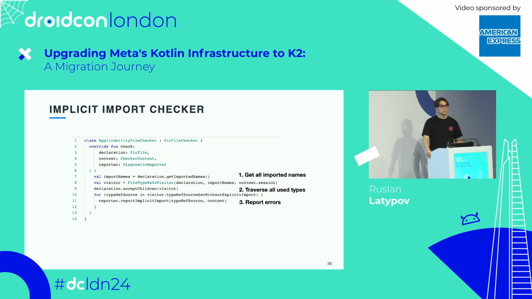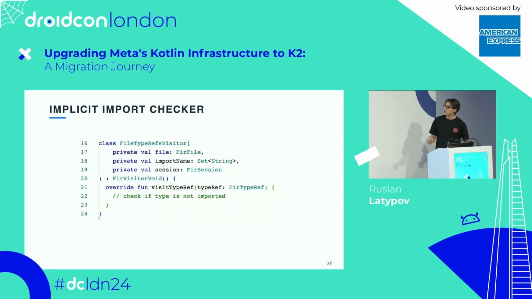So the most suitable extension point for this was FIR file checker. FIR file checker is a type of FIR checker extensions in K2, which operate on FIR file level. In order to visit referenced files, we are implementing an FIR visitor and reporting errors based on the visitor's results.